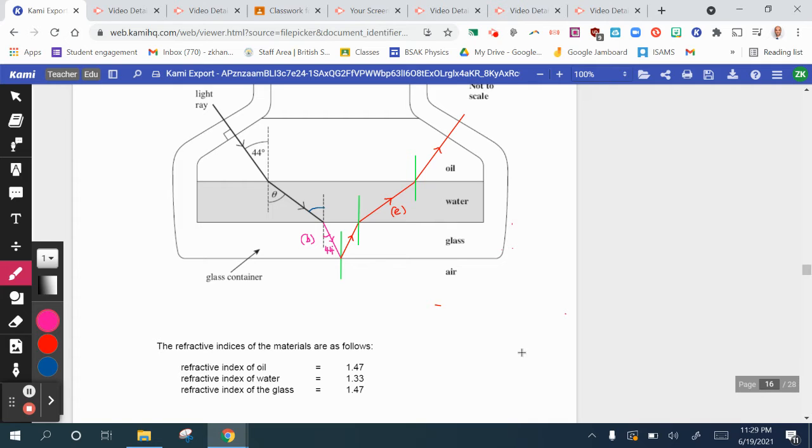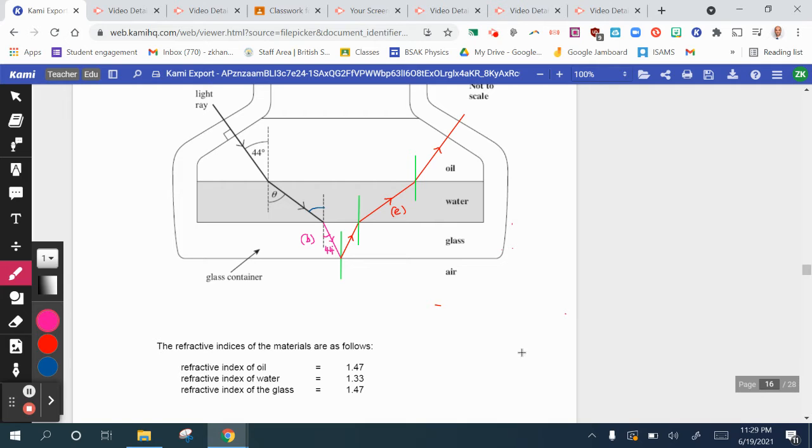The optical density is greater in glass compared to water as well. So we know that light slows down and bends towards the normal, and there is a line showing that it's bent towards the normal. For this angle, no calculation is required, and it's 44 degrees because we know that the refractive index of glass is the same as oil.